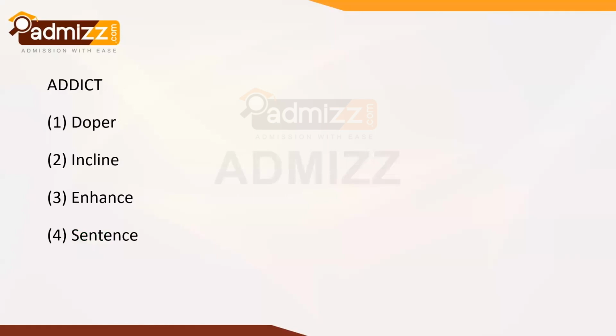Next up, addict. It's quite easy. I mean, this is a word that's used on a daily basis in most of our lives. Yep, most of you guessed it correct. The answer is doper, because doper means someone who constantly dopes their physical being.